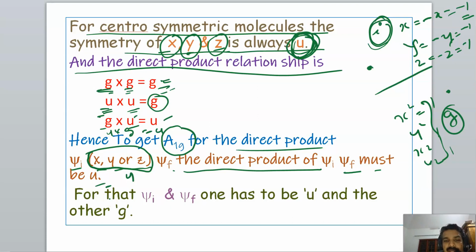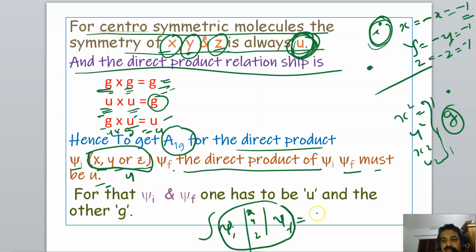We want this integral, psi I, x, y or z, psi F, the direct product of these three, to be A1g.